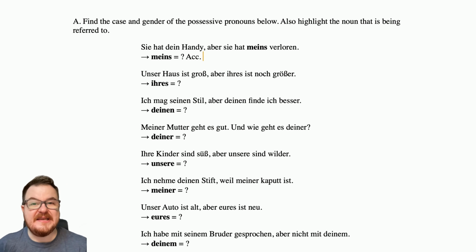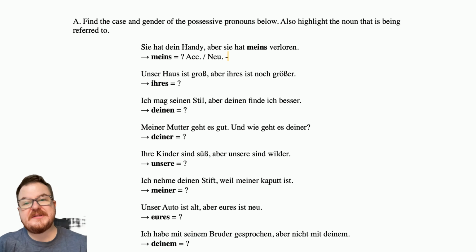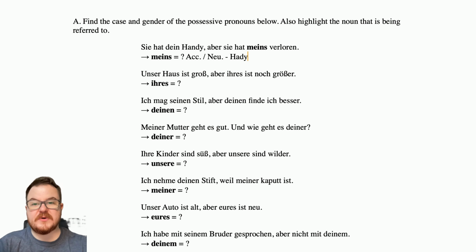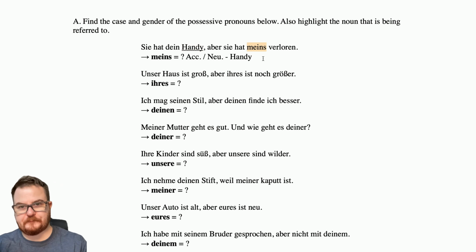Well, Handy is neuter. So we can mark these two things down. We have accusative and neuter. And what is the noun that it's replacing? Well, of course, it was Handy, which I will underline here.